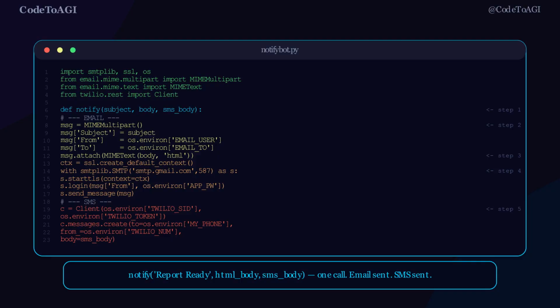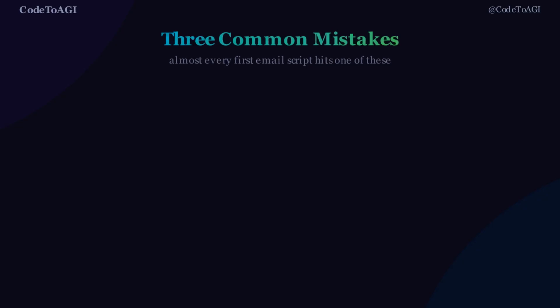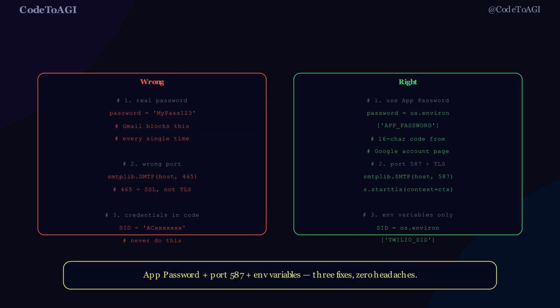Build the email with MIMEMultipart and MIMEText. Step 4. Connect to Gmail and send using smtplib. Step 5. Send the SMS with Twilio in 3 lines. Step 6. Wrap both in a function called notify. 1 function call. Email arrives. SMS arrives. Done.